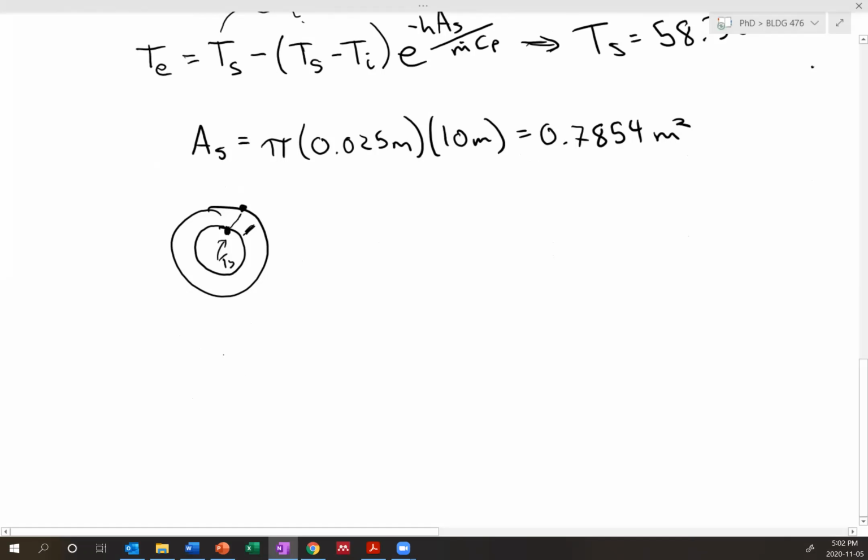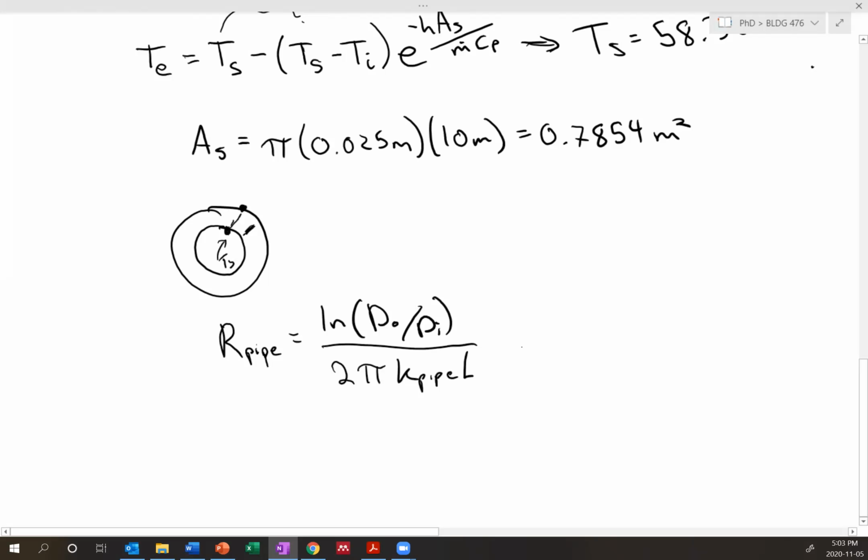We know from that the thermal resistance of our pipe is this.